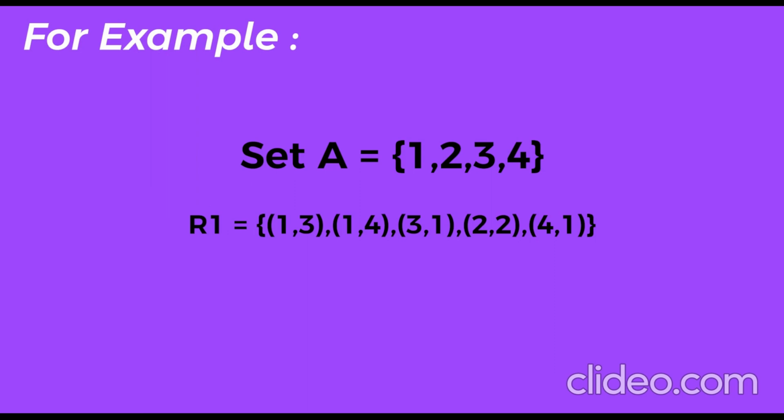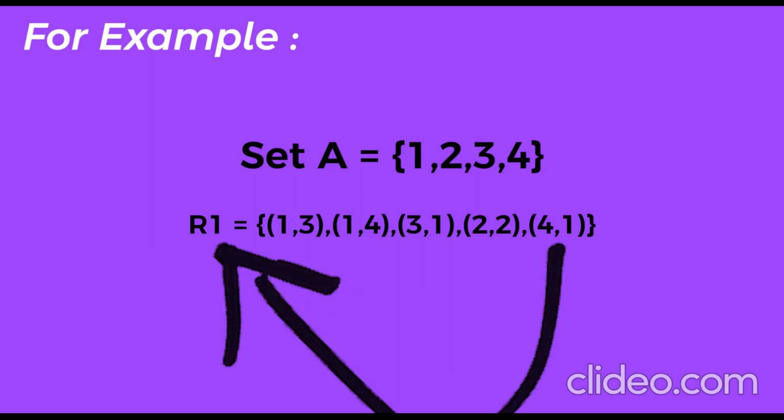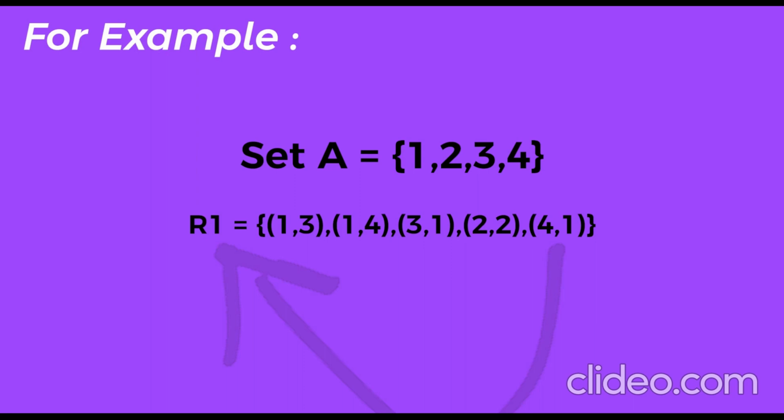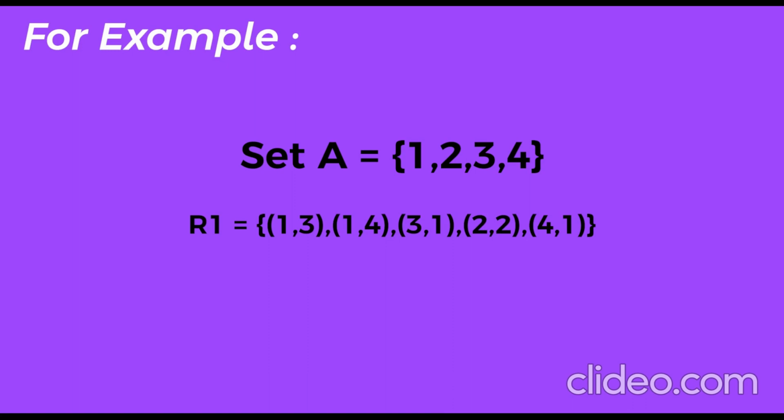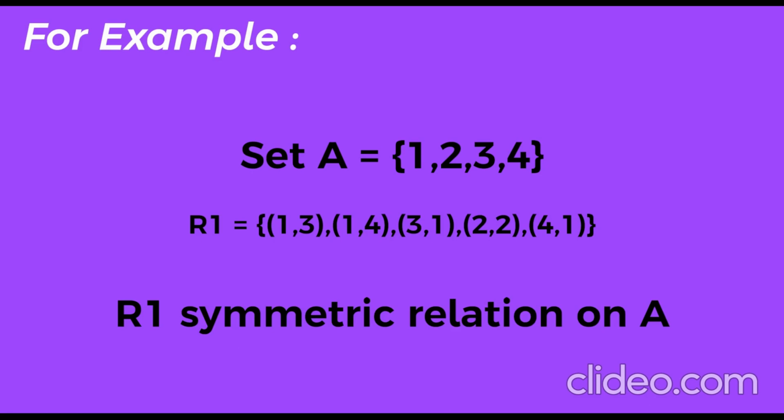Here we can see that (1, 3) belongs to R1 and (3, 1) belongs to R1, and here (1, 4) belongs to R1 and in reverse way (4, 1) belongs to R1. (2, 2) belongs to R1 and in an opposite way they also belong to R1. We can conclude that R1 is a symmetric relation on A.